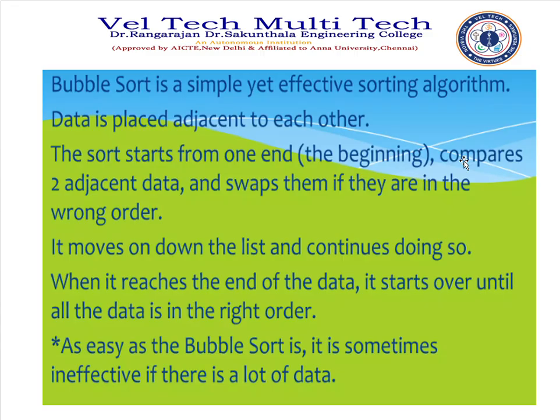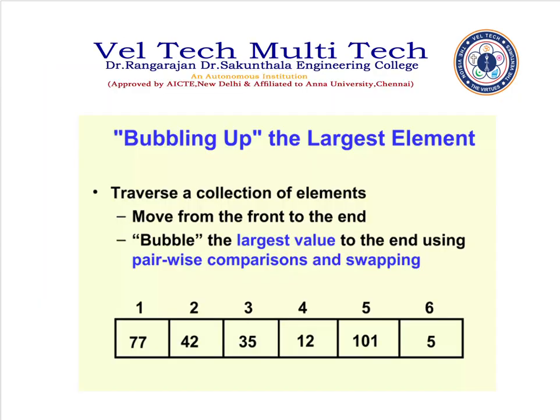If not, we have to swap them and make them in the correct order, and this is how we'll be doing it till the entire list. There is a possibility that in the first pass itself the data may not be in the correct order, so we have to carry out the procedure again from the first. This is a repeated action, and you'll clearly understand with this example.